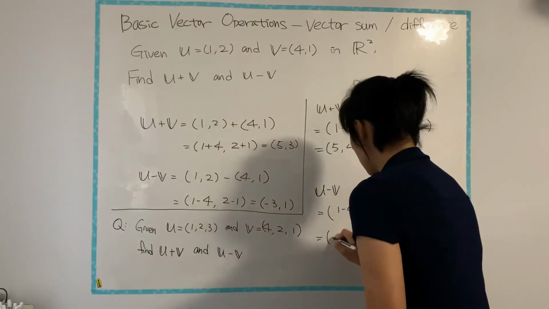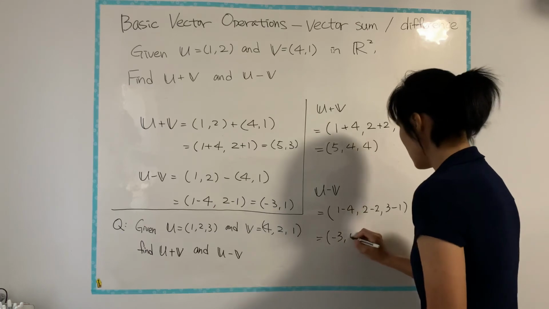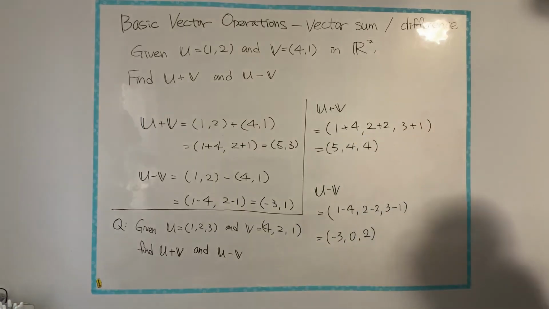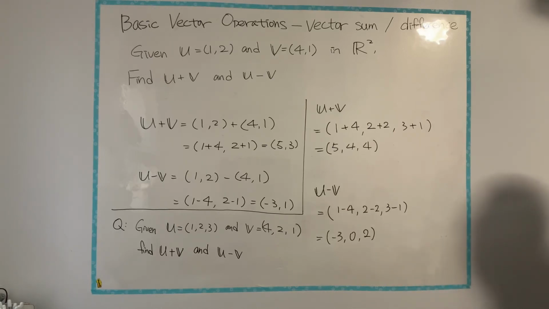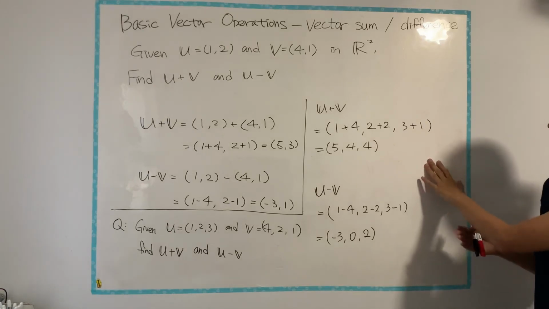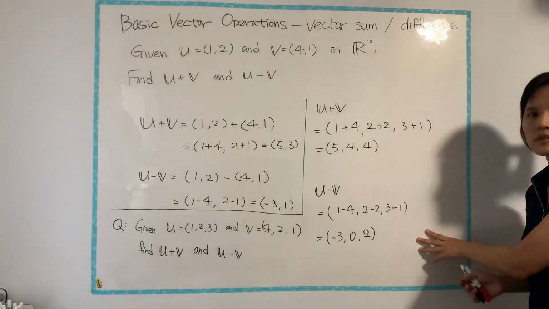So the vector we get is minus 3, 0, and 2. These are the two vectors in R3. Okay, now you have it. Whenever you're given two vectors in the same Euclidean space, you can take the sum of the two vectors, you can take the difference of the two vectors.